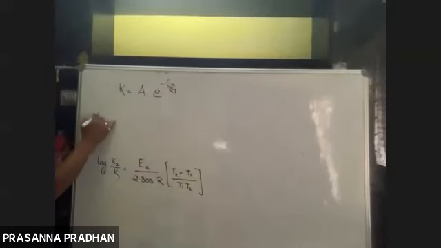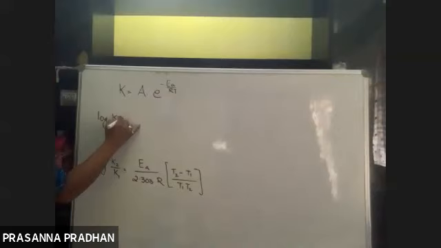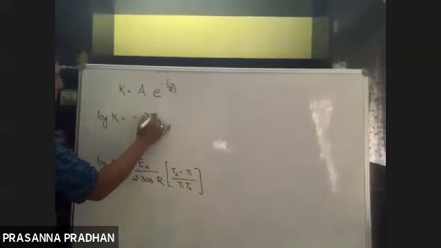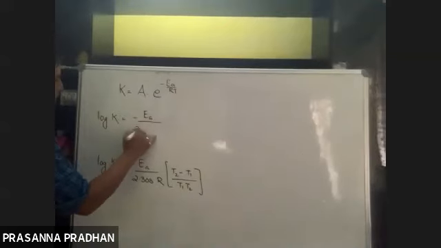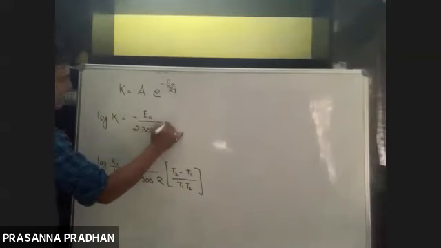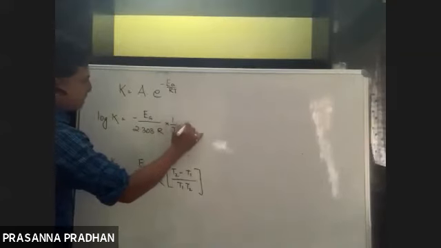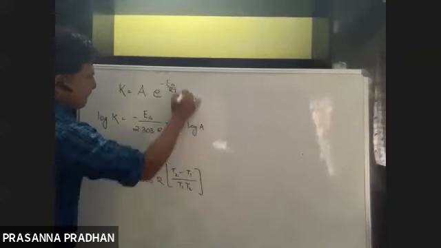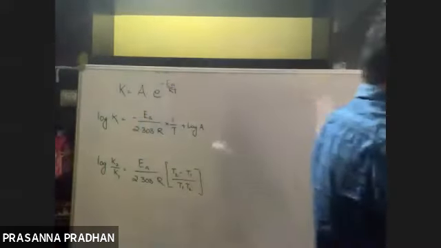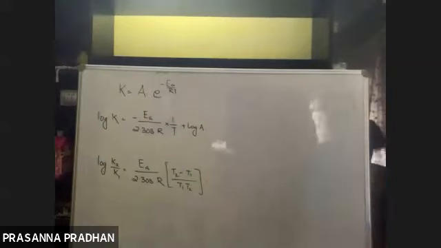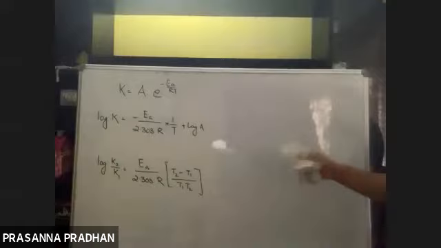After taking log, it will be log K equals minus EA by 2.303 R into 1 by T plus log A, and the other one is this, the Arrhenius equation at two different temperatures. Depending upon the numericals, we have to use either of these equations.